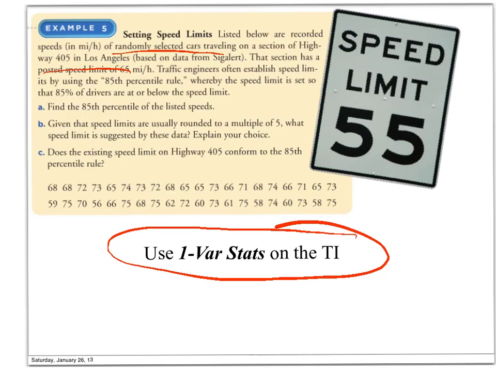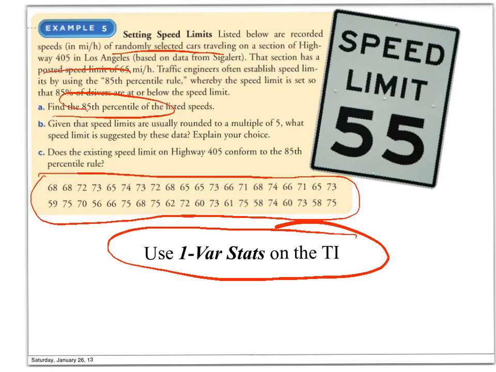It has a posted speed limit of 65 miles an hour. And so what we want to do here is find the 85th percentile of that data. And given that speed limits are usually rounded to a multiple of 5, what speed limit do you think is suggested by these data, and explain your choice.